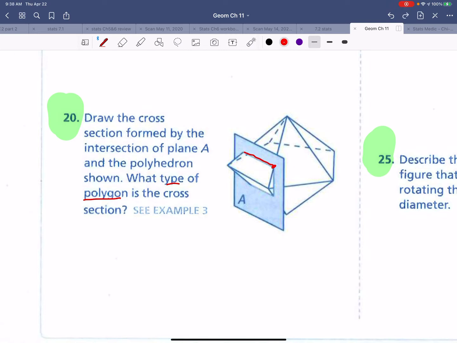Wait, we're going to count the points. So they match here and here, here, here. So 3 on this side, and there's going to be an invisible one on that side. So I'm going to say a hexagon, and I'm going to draw it. This is kind of popping out. Something like this would be the cross-section. 6-sided.